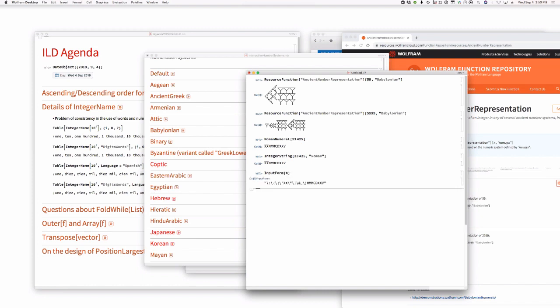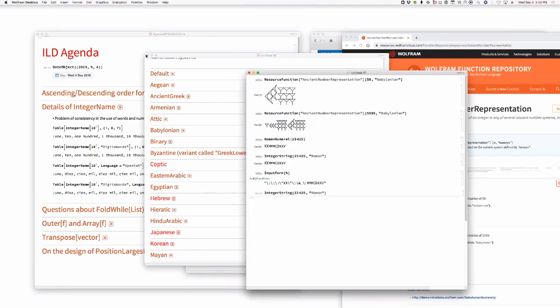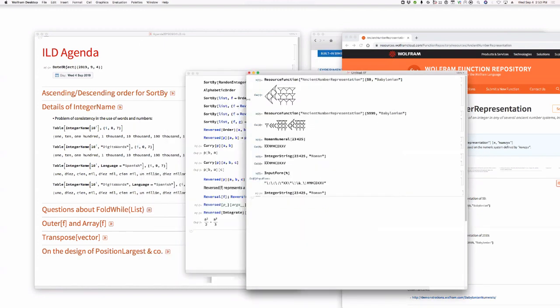And also we have a Roman variant. You can try that, which uses the Unicode characters for these larger Roman values with IntegerString. What's that?